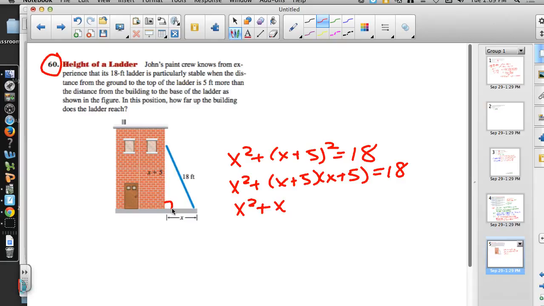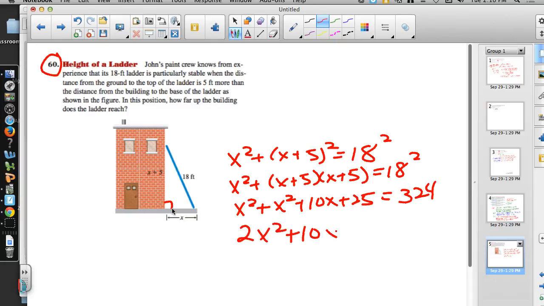X squared plus 10x plus 25 equals, oh, forgot my little squared symbol for that one. So 18 squared over there. And that will give us 324. And then we subtract the 324 and just kind of bring everything together here, and we will get 2x squared plus 10x minus 299 equals 0.